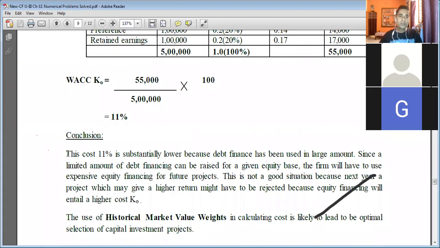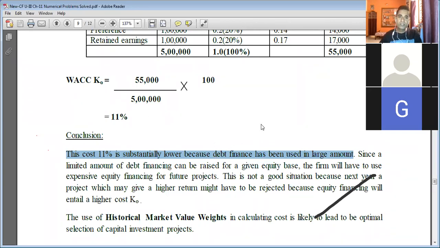Let us conclude. This cost of 11% is substantially lower because debt finance has been used in a large amount. If you recall from the beginning of unit 2, I explained that debt capital is cheaper than equity capital, and use of debt capital decreases the cost of capital.